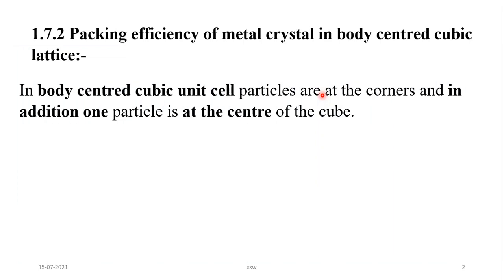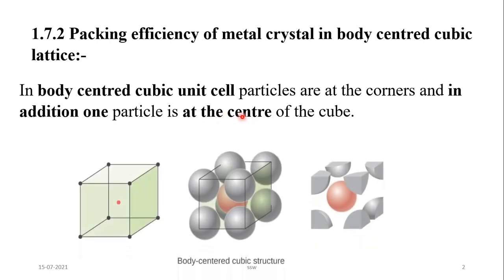So in a body-centered cubic unit cell, particles are at the corners of the cube, and in addition to those corner particles, one particle is present at the center of the cube, like this.